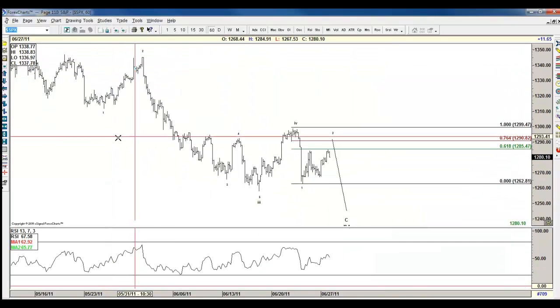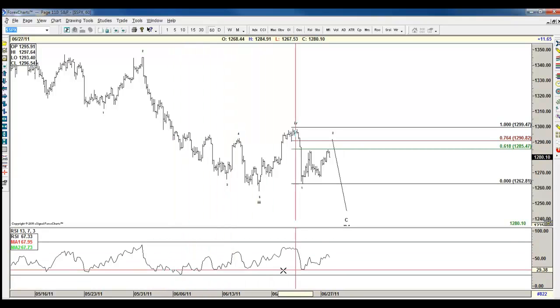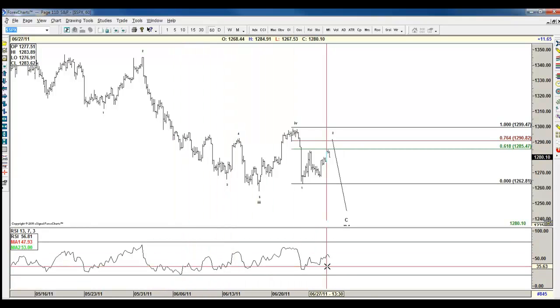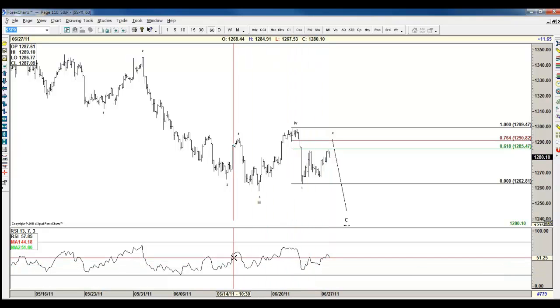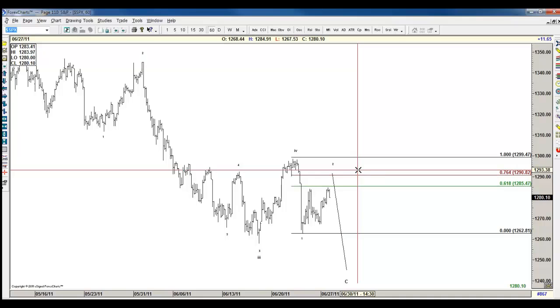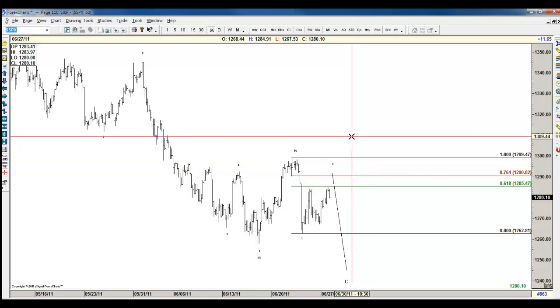Look at the RSI on the S&P, guys. Look at the divergence. You cannot be a long-term dollar bull now. You have to wait. I think that the dollar is going to get strong first and weak later. That's what I'm expecting in the dollar.